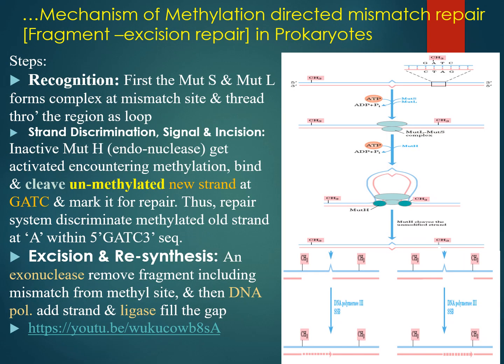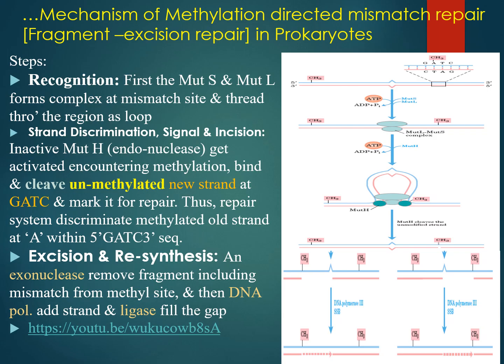Mechanism of such MMR. Here the strand where the mismatch happens is recognized first by a complex called MutS and MutL. It will thread through the DNA to form a loop. Then the strand discrimination is done based on the methylation.